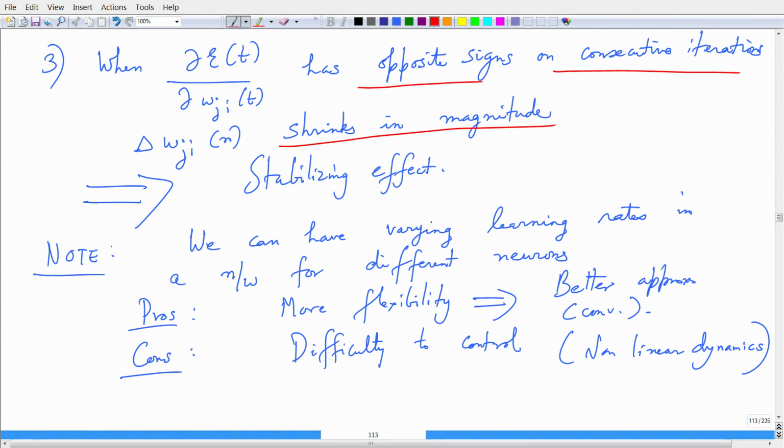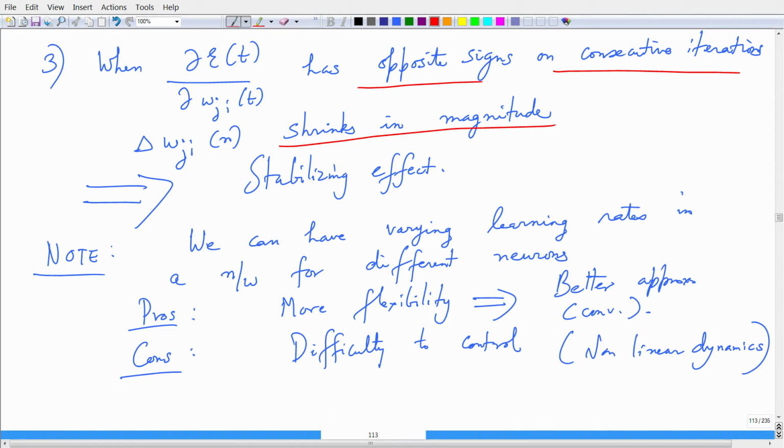So, you can control the learning rate, and that has a bearing on how the dynamics of the algorithm can be, right. It depends upon the instantaneous gradient that you compute.